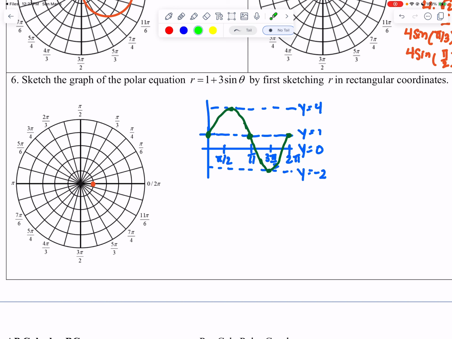So as my theta increases, my r value will also increase. And this means that pi over 2 is going to be at 4. So 1, 2, 3, 4. So my r values are increasing. In addition to that, my theta values are also increasing. So if I were to think about this, it should look something like, let's say, this right here. Oops, that right there.